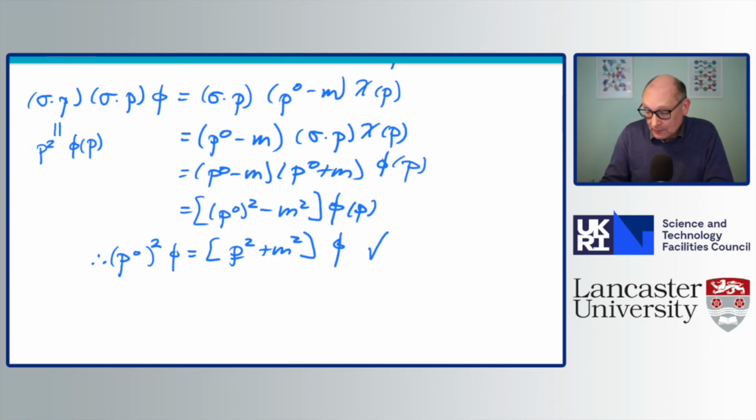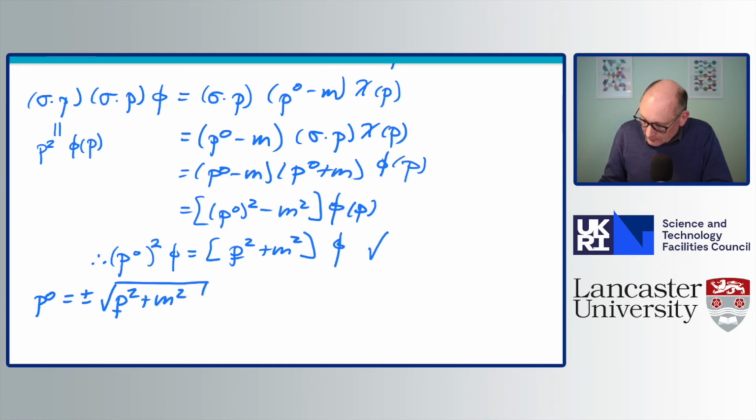One could do the same calculation here with psi and arrive at the same result: P naught squared is equal to P squared plus M squared. Now, of course, that means that P naught, the energy, is plus or minus the square root of P squared plus M squared, all consistent with the solutions of the Dirac equation also solving the Klein-Gordon equation.